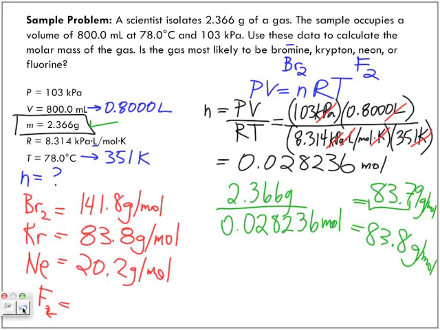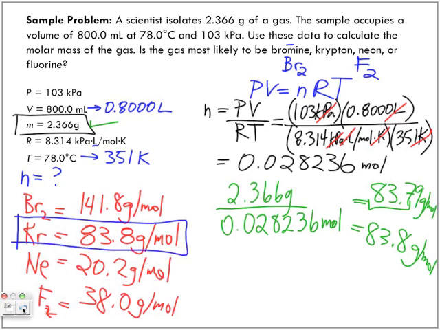And lastly, fluorine, 38.0 grams per mole. So we wanted to also make sure that none of the others actually came out to that. And so right away we know what is the unknown gas. It was krypton, because both of these numbers match up.